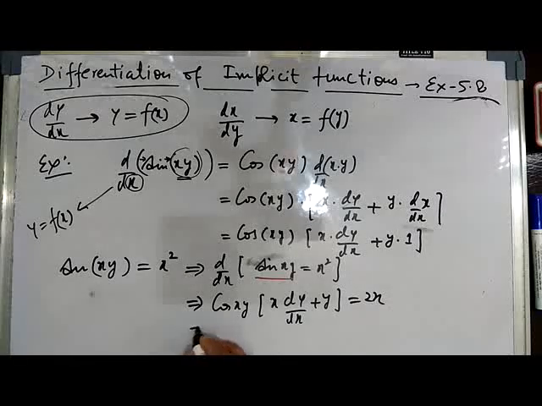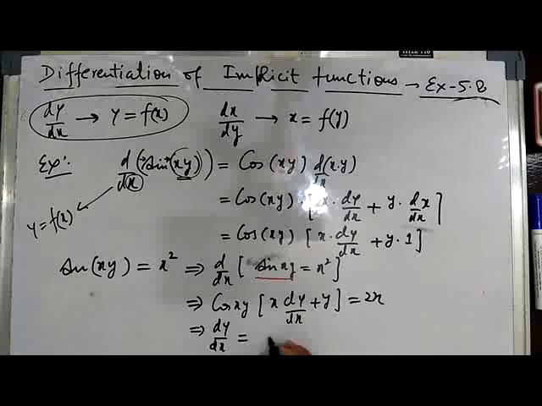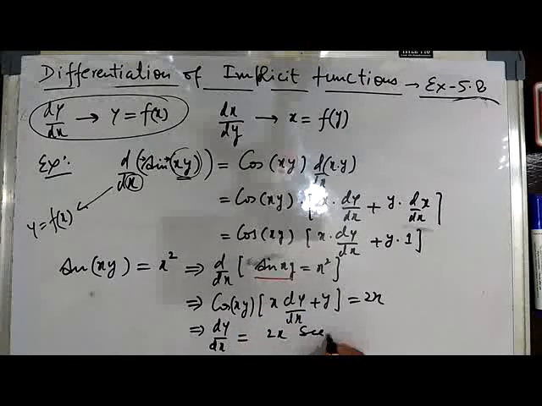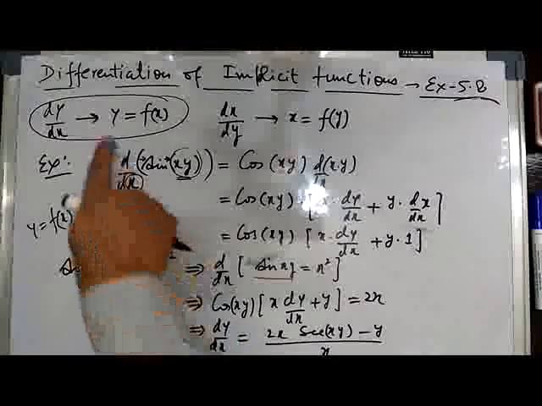So from here you can evaluate dy/dx, leaving it on this side, and it is nothing but (2x sec(xy) minus y) upon x after simplification.